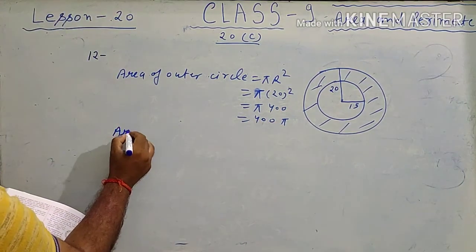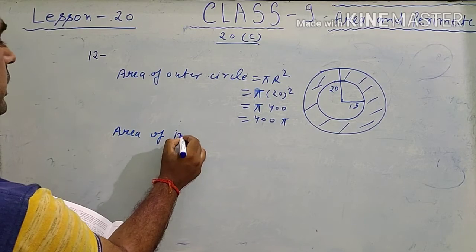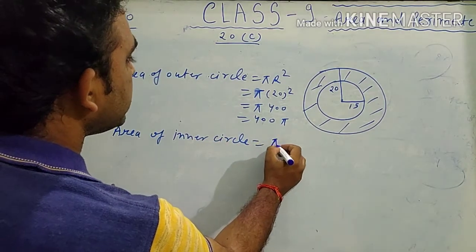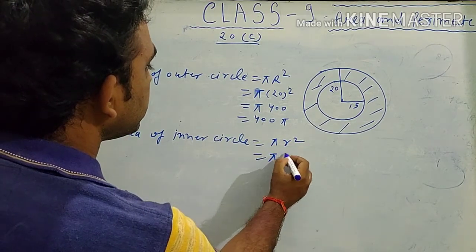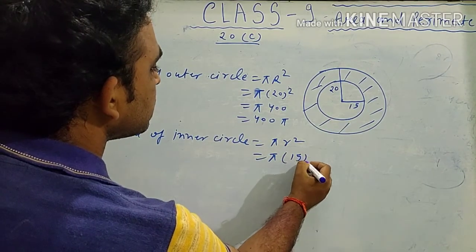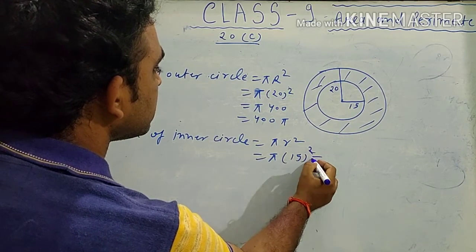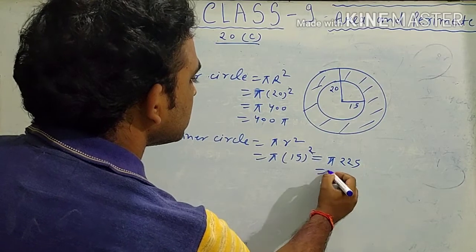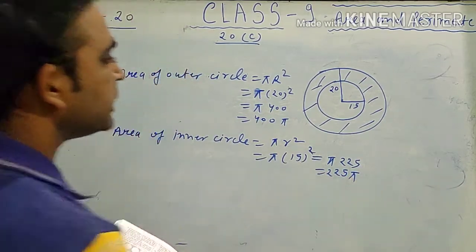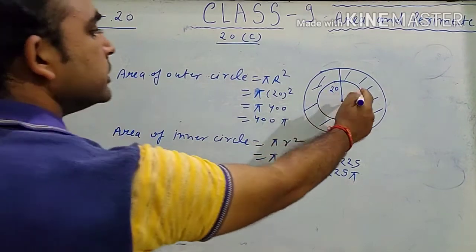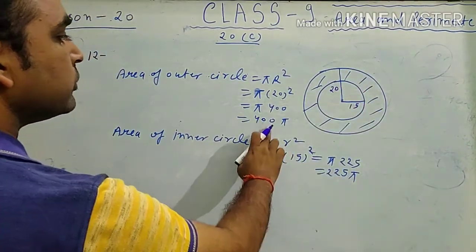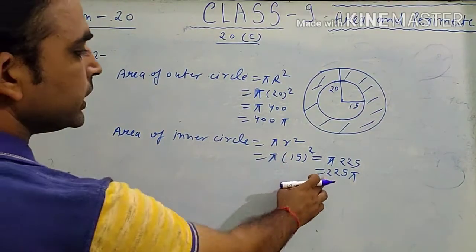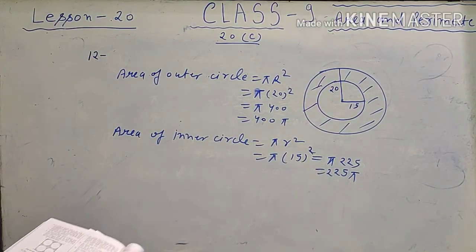Now the area of the inner circle is pi r square, where r is 15. So pi 15 square means 225 pi. So the area of the outer circle is 400 pi, and the area of the inner circle, whose radius is 15, is 225 pi.